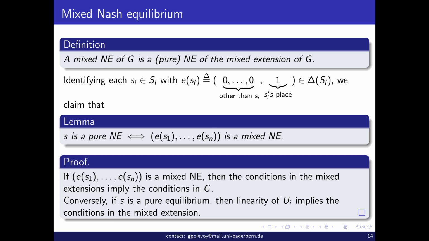So a strategy is a pure Nash equilibrium if and only if it's also a mixed Nash equilibrium. And it's quite simple to prove. If there is a strategy which is a mixed Nash equilibrium, then the conditions that every s_i is an optimal reaction for others are the same as saying that s_i is the optimal reaction for others.